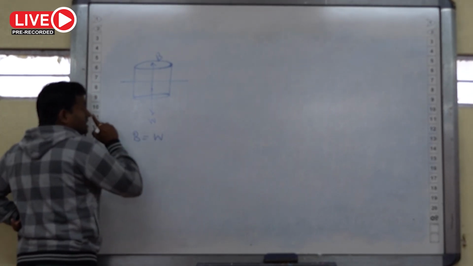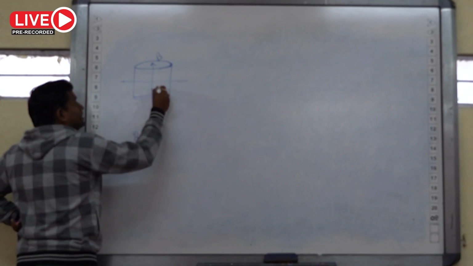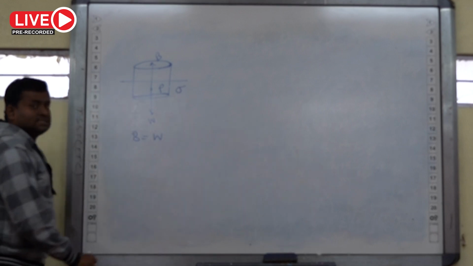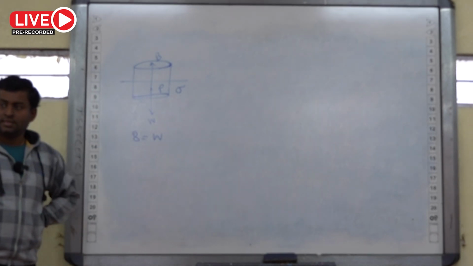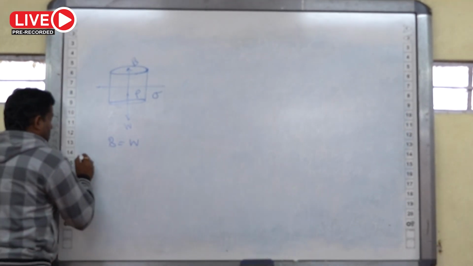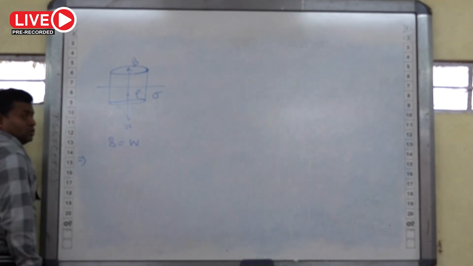Let us consider density of the material of the cork is rho and density of the liquid is considered as sigma. Half of the portion is immersed.